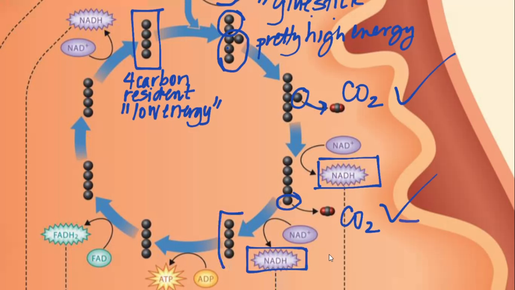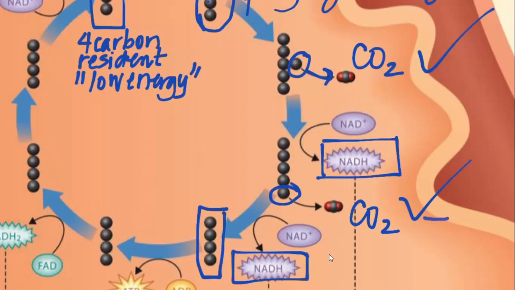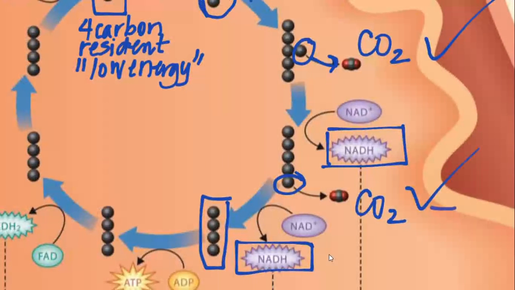But this molecule here is not the same molecule as the 4-carbon resident because it's still holding some of the energy that we added to it when we added those 2 carbons. Remember, that energy was spread out through all the bonds of this molecule. So it still has some energy in it that we can harvest.